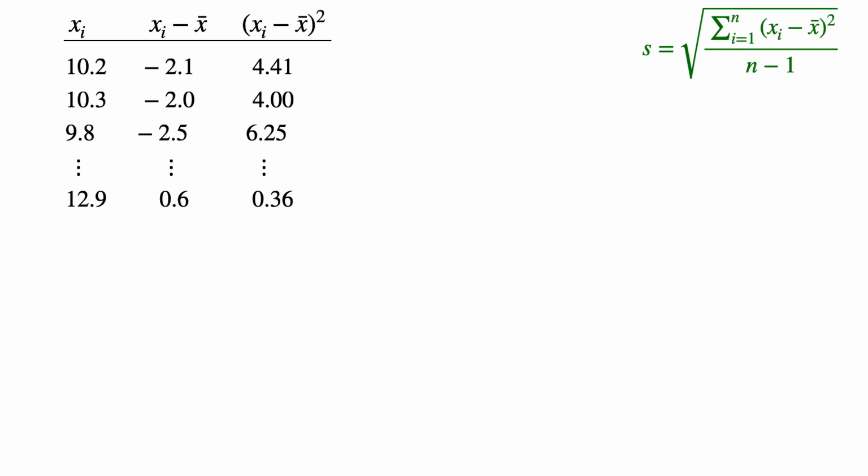So now let's look at our formula again. What have we done thus far? Well, if we look in the numerator of the formula, we see that we have each element of the xi minus x bar squared. That's our last column. And in the numerator, it says we need to sum these all up. So that's what we'll do.